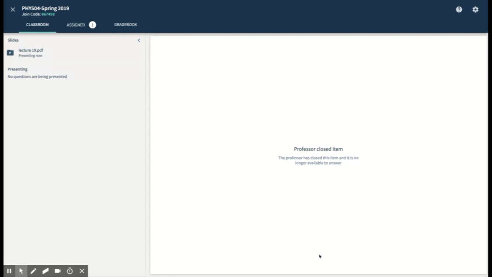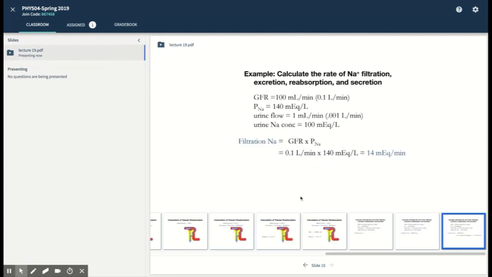So that's why I put the liters per minute, because we want to make sure that our units are going to equate to each other. So if you have 0.1 liters per minute times 140 milliequivalents per liter, you get 14 milliequivalents per minute.